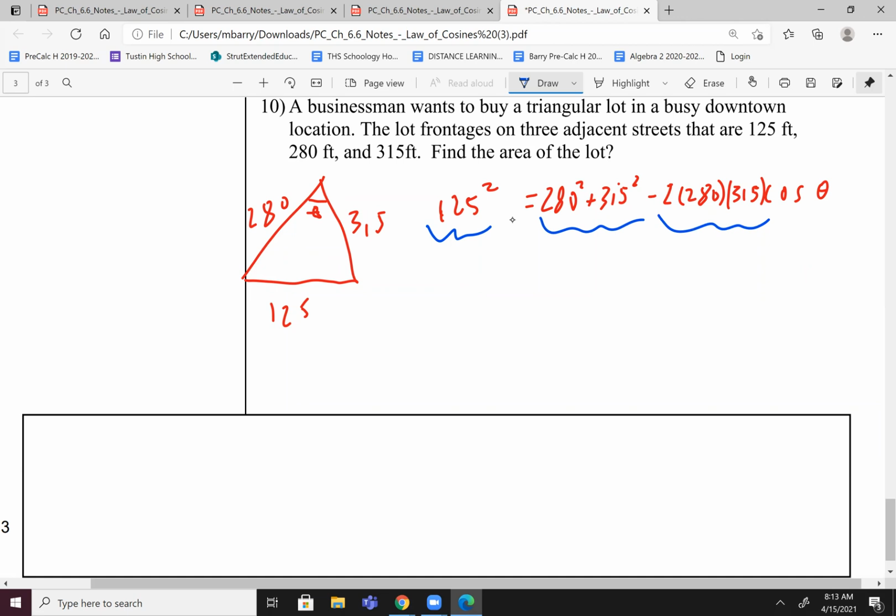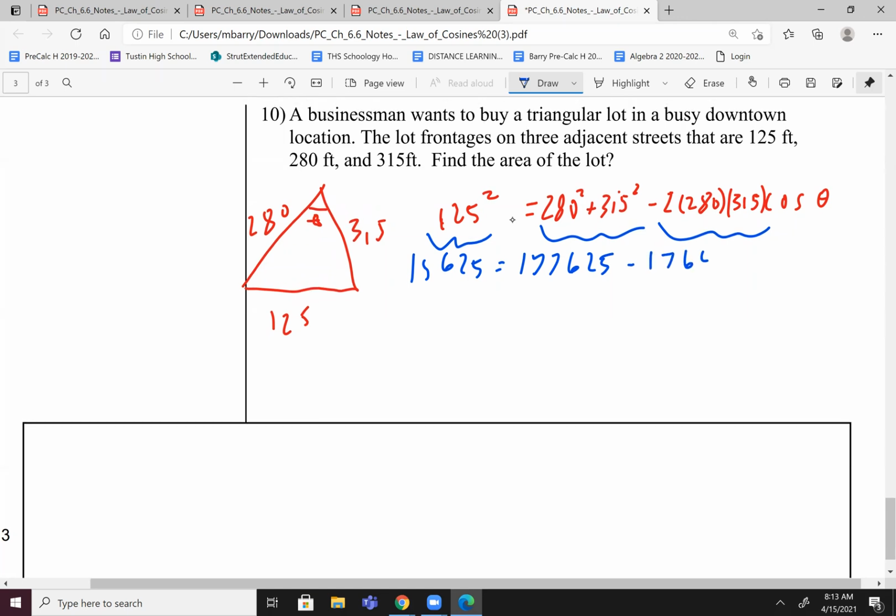So I'll highlight those calculations again. 125 squared is 15,625. 280 squared plus 315 squared is 177,625. And then this one is negative 176,400 cosine of theta.